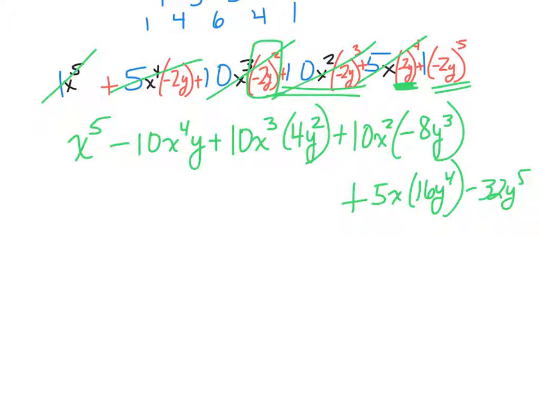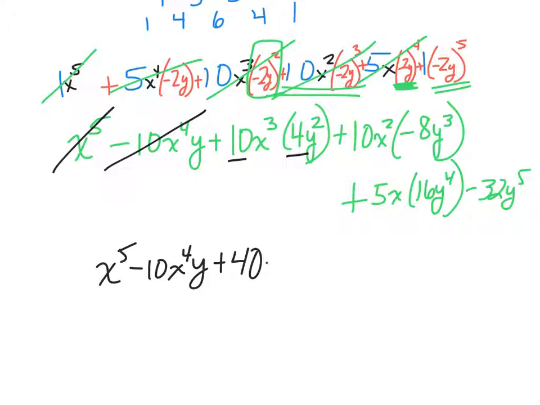Okay, now we can finish this thing off. So I got x to the fifth, negative 10x to the fourth y. That 10 times that 4 is going to give me positive 40x cubed y squared. That 10 times that negative 8 is going to give me negative 80x squared y cubed.